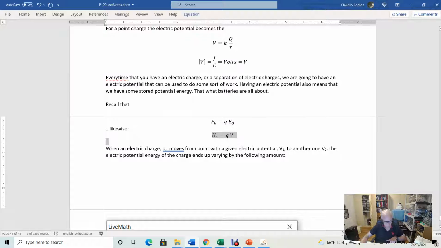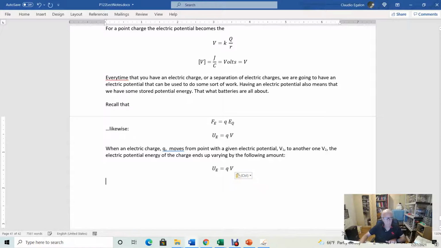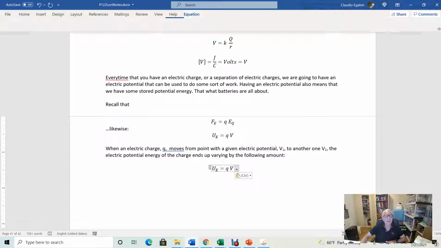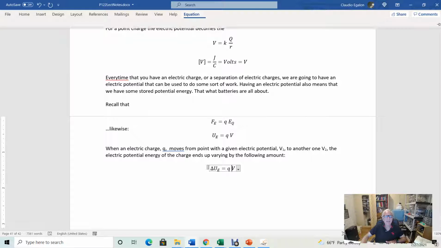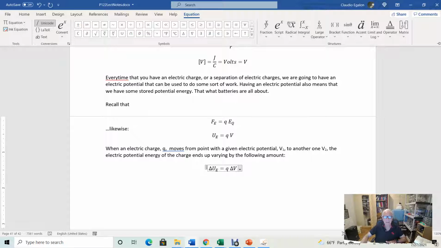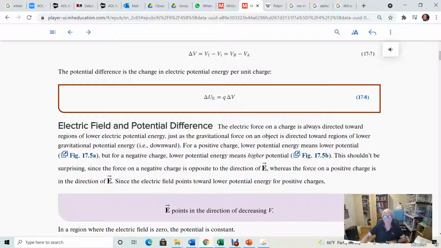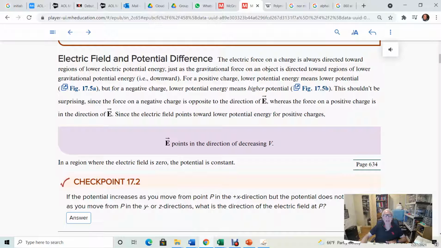Delta U, where delta is the final minus initial. Final electric potential energy minus initial electric potential energy equals Q times final potential minus initial potential, V2 minus V1.